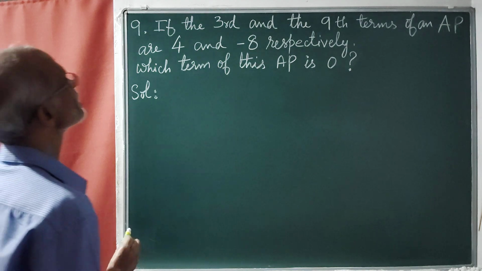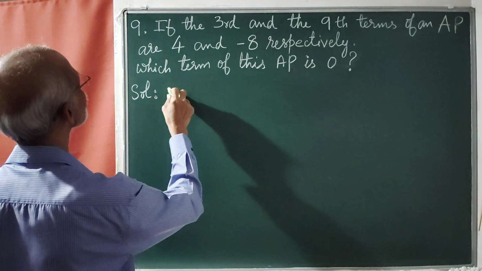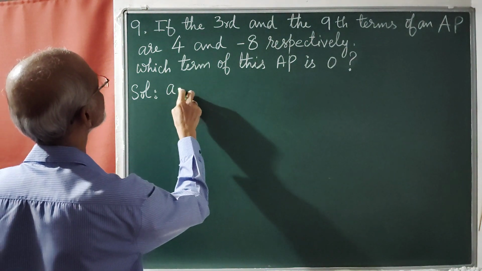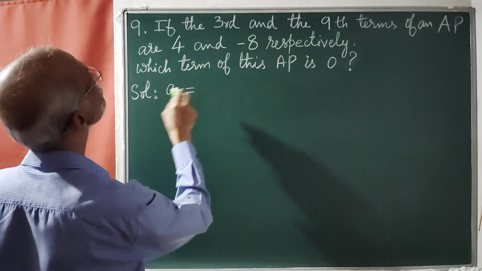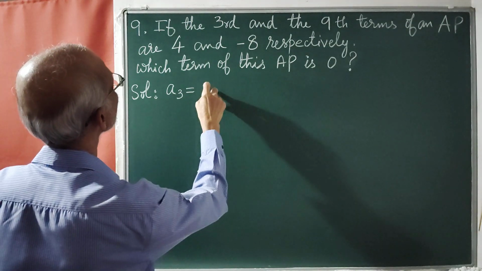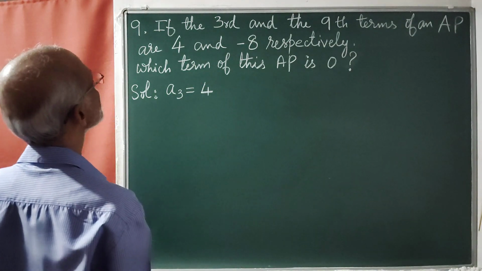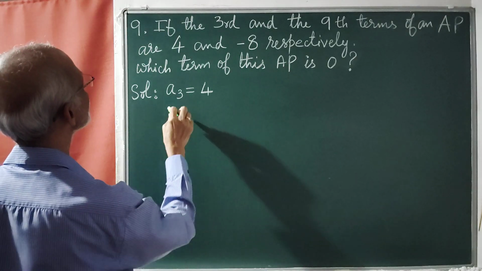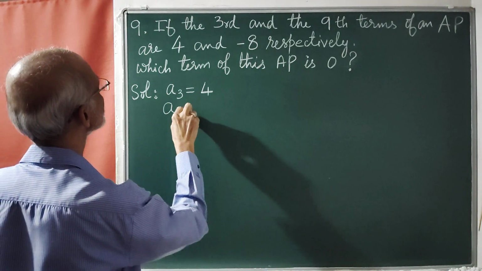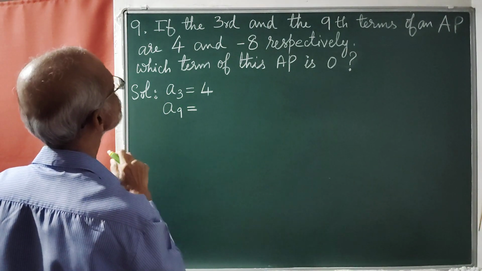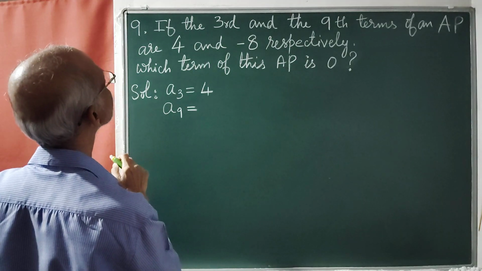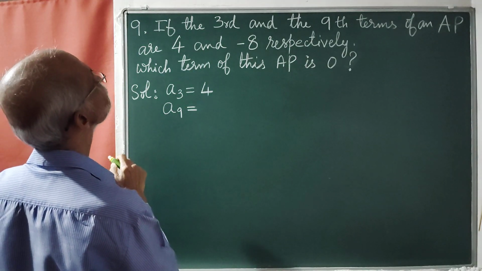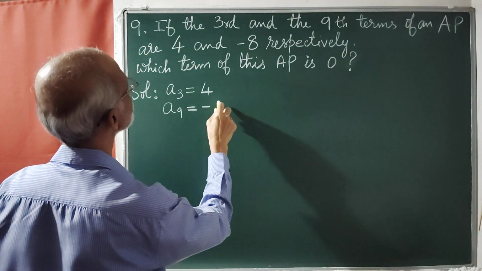So what we have been given here, third term. So A3 is equal to 4. Then ninth term A9 is equal to minus 8.